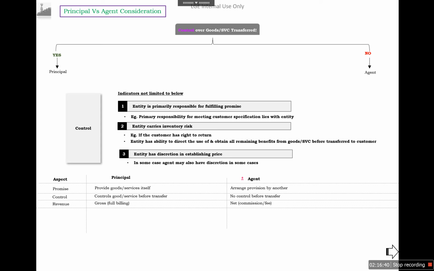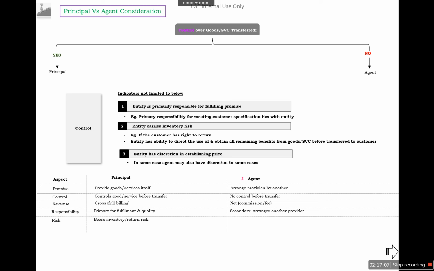For example, I am booking a flight ticket and the ticket provider is only facilitating the ticket booking. In that case, the facilitator will book its income with the commission amount only. And if the responsibility regarding the fulfillment of the promise and quality lies with the entity, it will be principal, else it will be an agent.